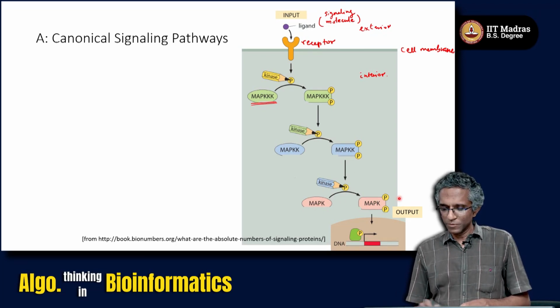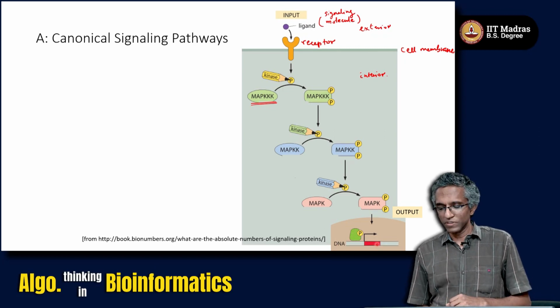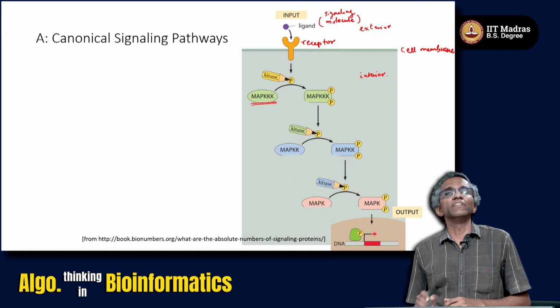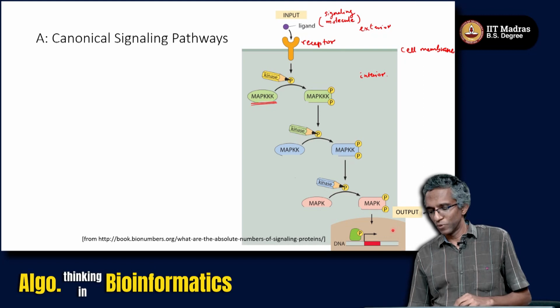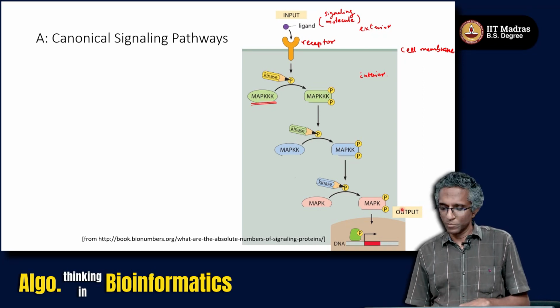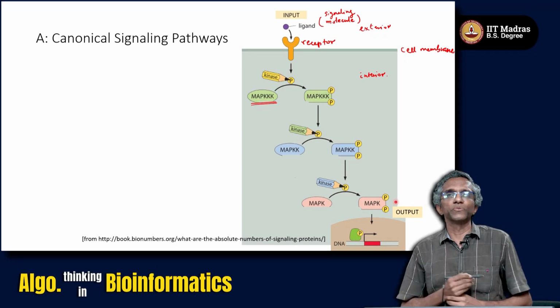And once MAPK has been activated, it can then activate a few other proteins, regulator proteins, which can then come and bind in front of the DNA upstream of certain genes. Here there is a red gene being shown, and it can activate the gene and produce the protein product for that gene. That will be the output of this whole signaling pathway, right.